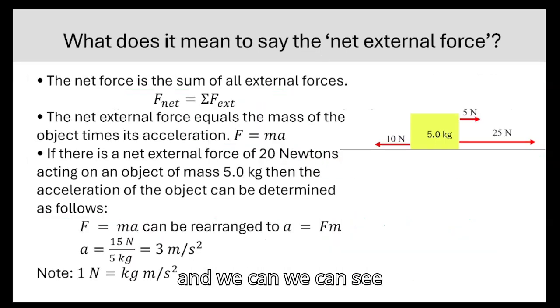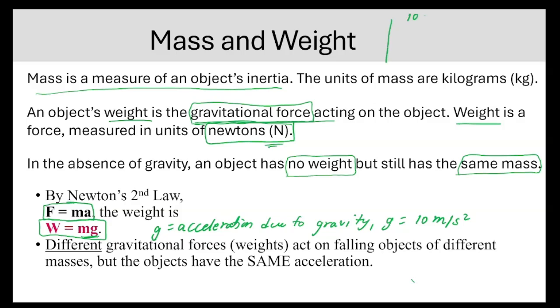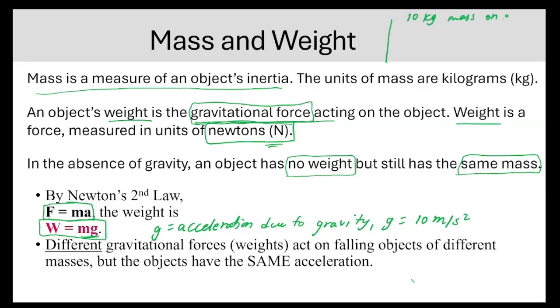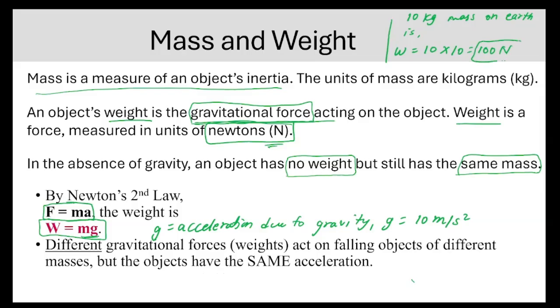And we can see an example of weight and mass. For example, a 10 kilogram mass on Earth: 10 into 10 is equal to 100 Newton weight.